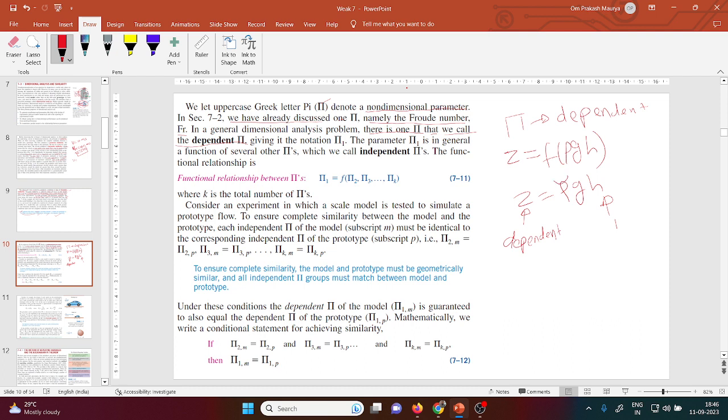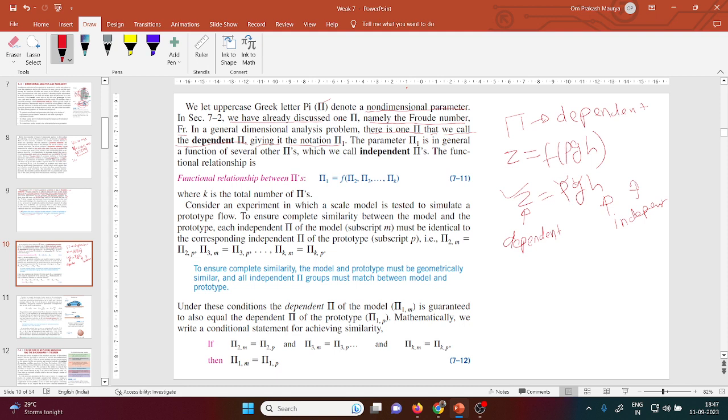If we consider the density constant and g constant, h is the independent parameter. As you increase h, the depth will increase. You are free to increase the value of the independent parameter, so the dependent will automatically increase because it depends on the independent parameters. We give it the notation pi 1.